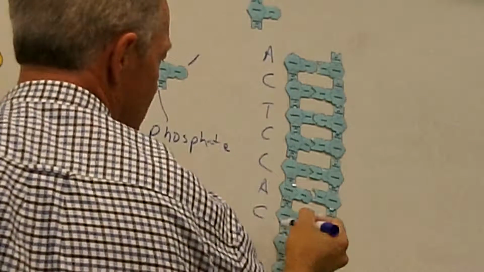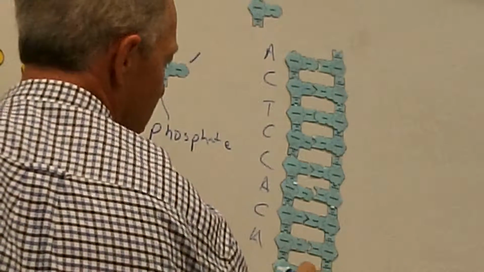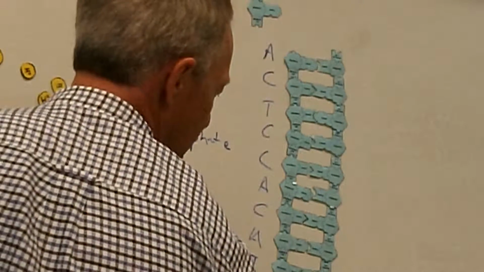A, C, A, T, C, C, T, C. So it doesn't matter. A, C, G. So what does that spell?